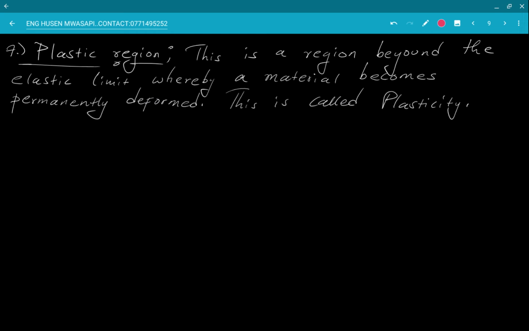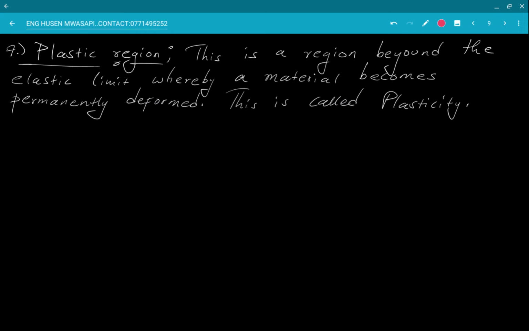There's what we call a plastic region. So now this plastic region, like we all know what plastics are. If you look at basic plastic, basic polymers that we have, like bottles, you'd find that when you talk about the term plastic, if you stretch a plastic, you cannot expect that particular plastic to go back to the original shape and size, because that plastic is in a region where it is now going to undergo what is called deformation.